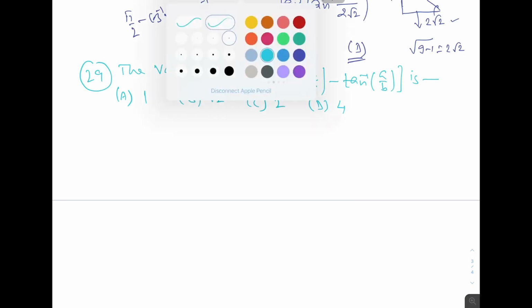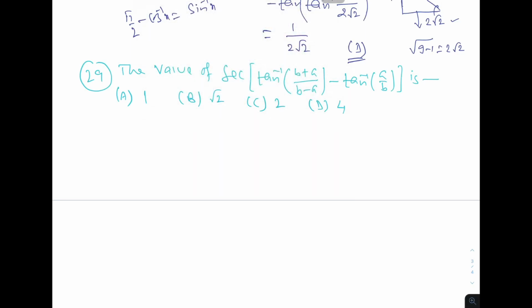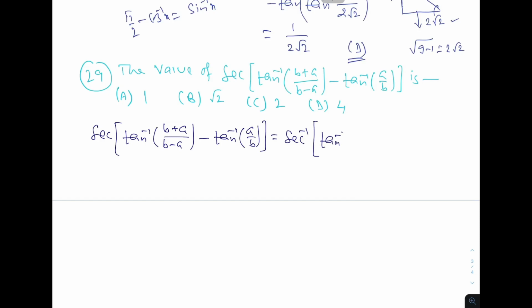So now let us see sec of tan inverse (b plus a) over (b minus a) minus tan inverse a by b equal to sec of tan inverse, now tan inverse x minus tan inverse y equal to tan inverse (x minus y) upon (1 plus xy).